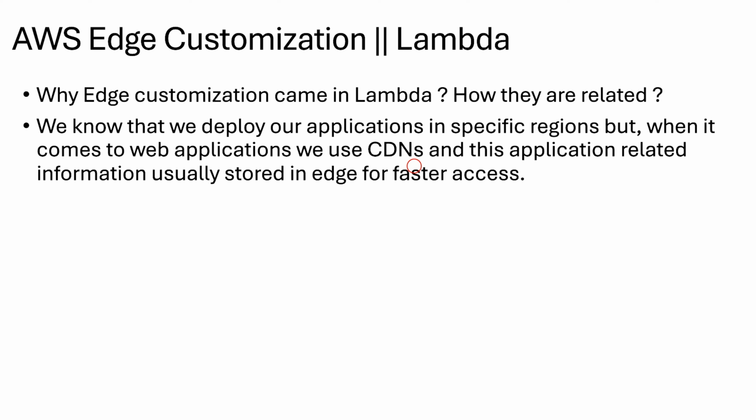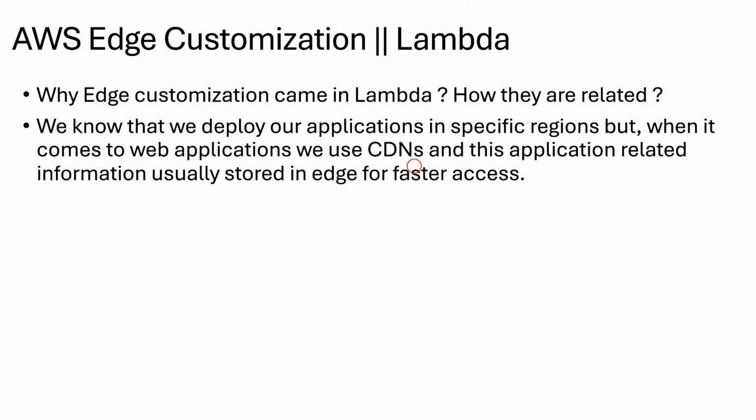So CloudFront is an AWS service, and it is nothing but a CDN, that is a content delivery network. Okay, so what it will do is take your content and store it in the edge location. Why does it store it in the edge location? If it is stored there, any client who wants to access your website can quickly get your content because that edge location is located near the client.